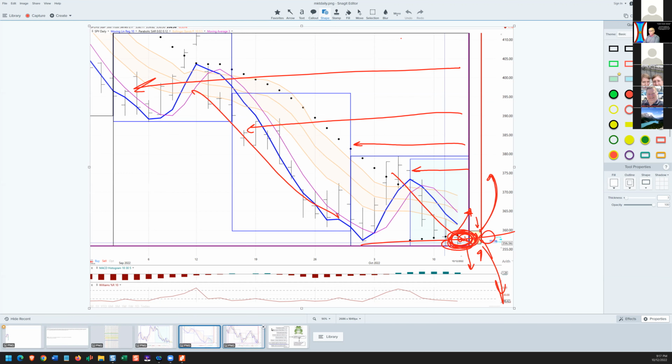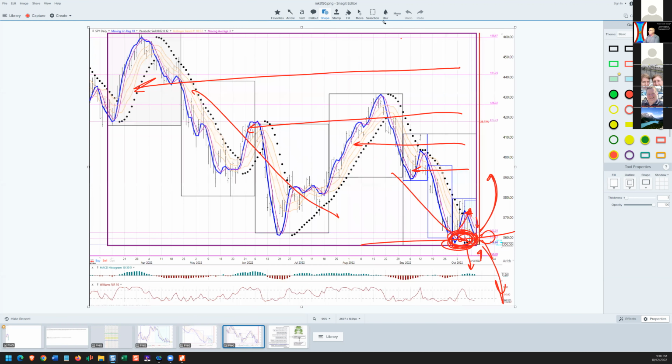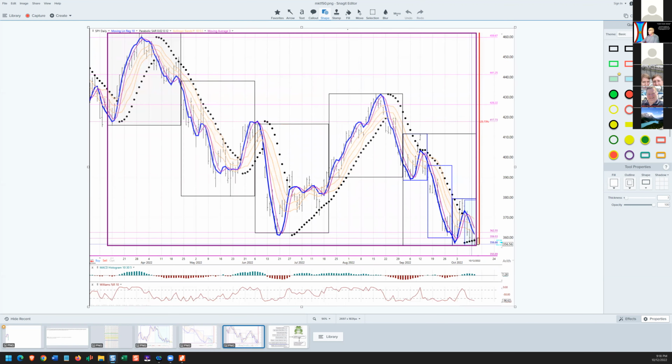So be ready. And in the larger look back, when we look at the 150, you can see just how painful this thing really is. Hovering right at that 150-day low. Just brutal.